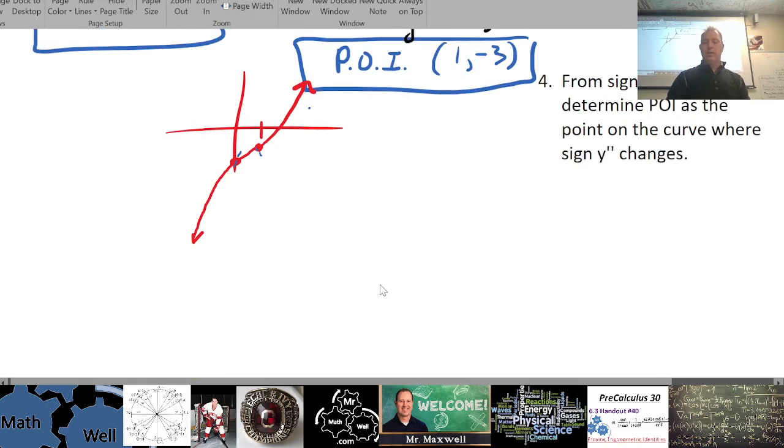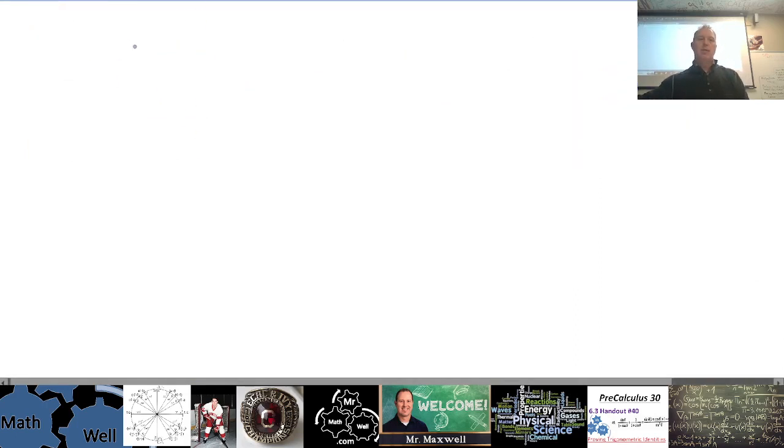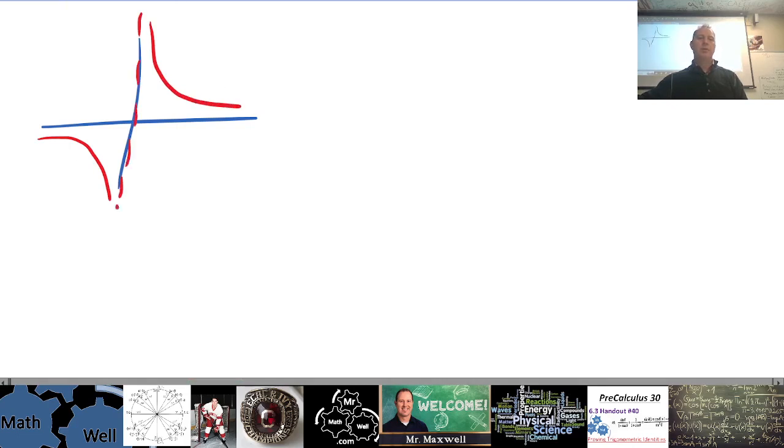In your textbook and other places for your own study, if you take a look at graphs like y equals 1 over x, where you have this and this, and you have an asymptote here. If you go through the process, what will you find? You'll find that this is concave down, this is concave up. So it's changing concavity, but there is no point of inflection, as I mentioned before, okay?